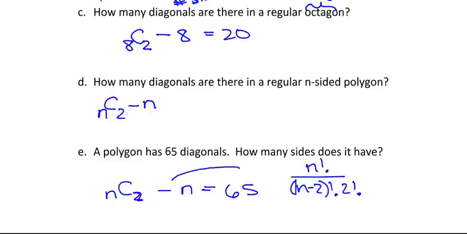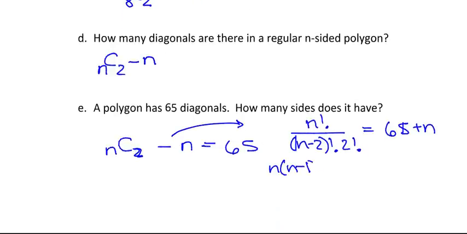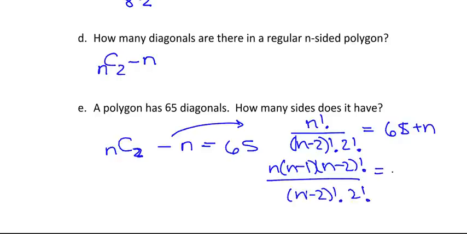I'm going to bring this n to the other side by adding n to both sides, so 65 plus n. So if I expand my n factorial, I get n times n minus 1 times n minus 2 factorial all over n minus 2 factorial times 2 factorial equals 65 plus n. So those will cancel.